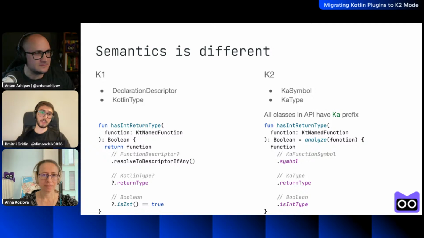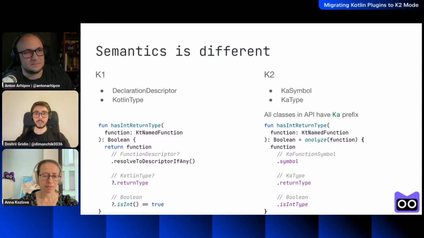In this case, it will return a function descriptor, which represents some information about this declaration, like visibility, public or private, modality, and so on. So the compiler knows about it more than just text. And we can use returnType to get a KotlinType, which represents the type, and definitely we can check if it's Boolean or not.